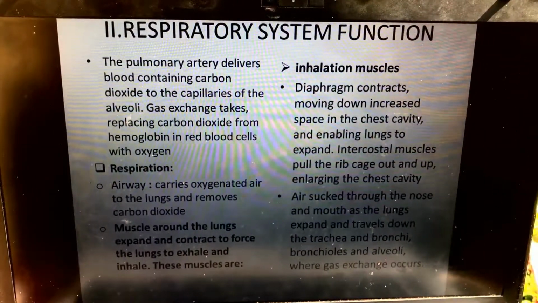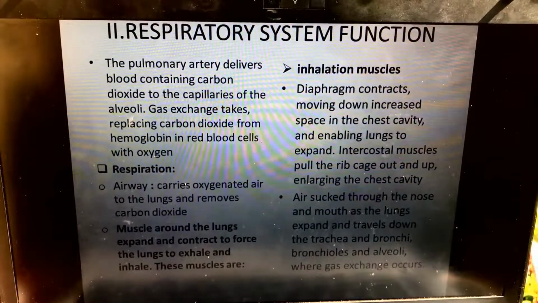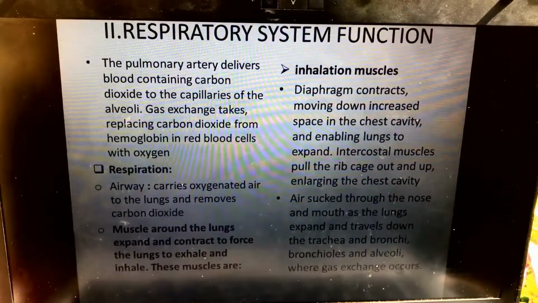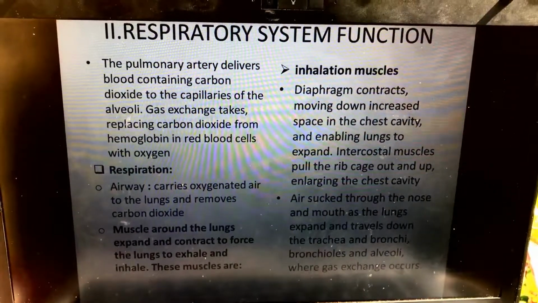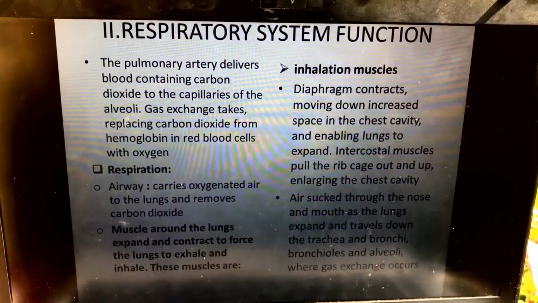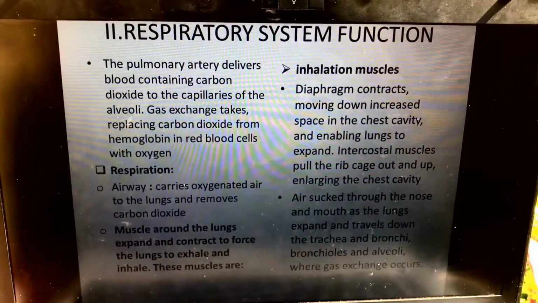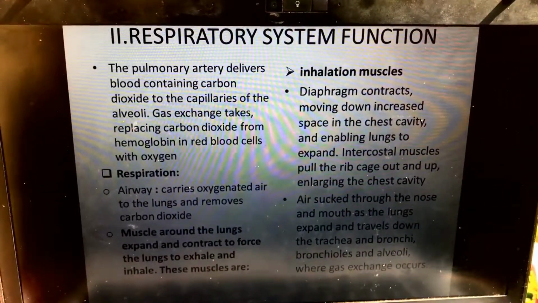Muscles around the lungs expand and contract to force the lungs to exhale and inhale. These are the inhalation muscles. First, the diaphragm contracts, moving down, increasing space in the chest cavity and enabling the lungs to expand.